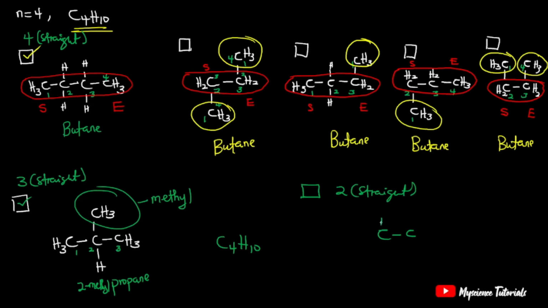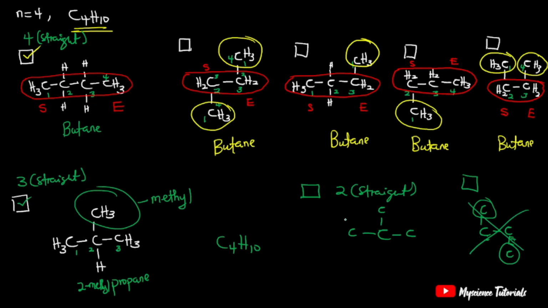It's either we add the 3rd one here and add the 4th one here, or if we have these 2 longest continuous chain, we add the 3rd one here and then we add the 4th one here. Now, like I said, we should avoid adding the remaining carbons after we shorten the chain. We should avoid adding the remaining carbons onto the terminal carbons that we have. So this is not part.